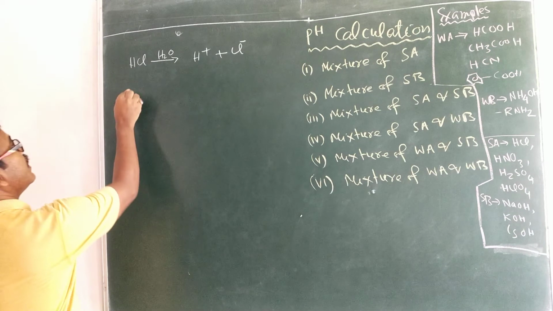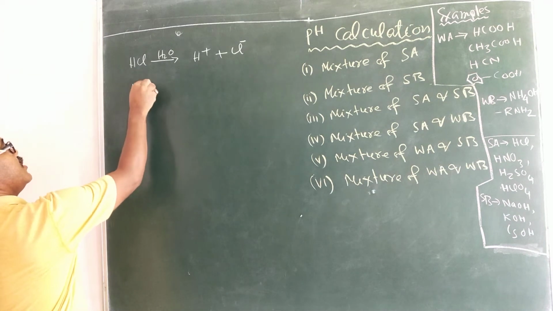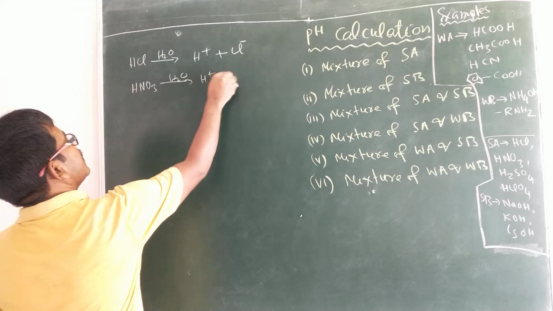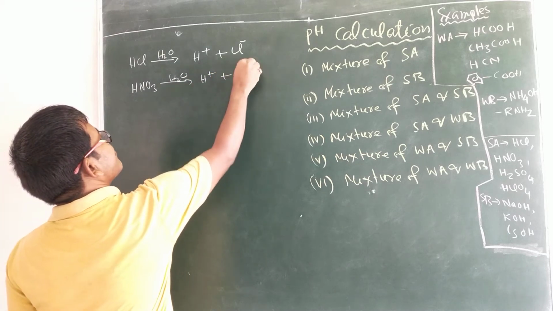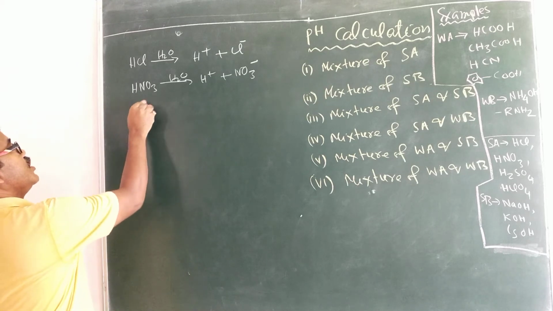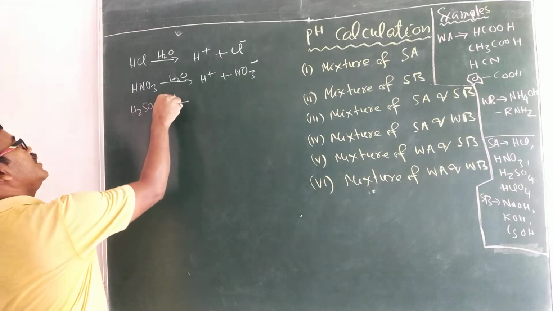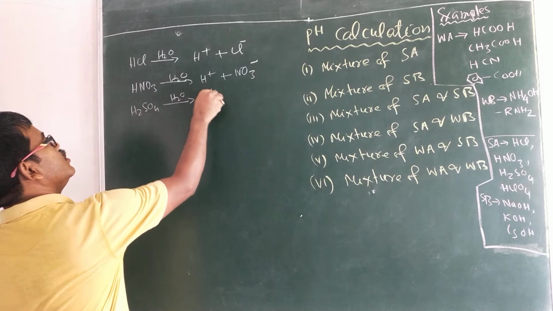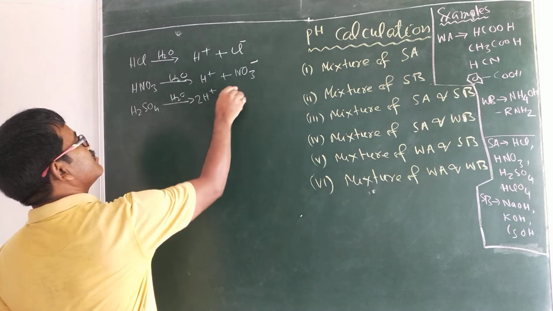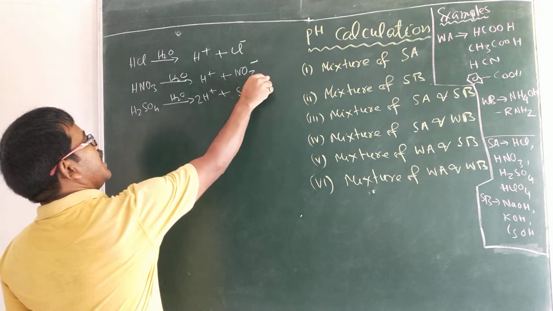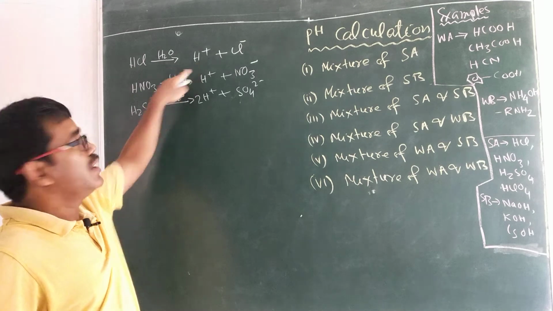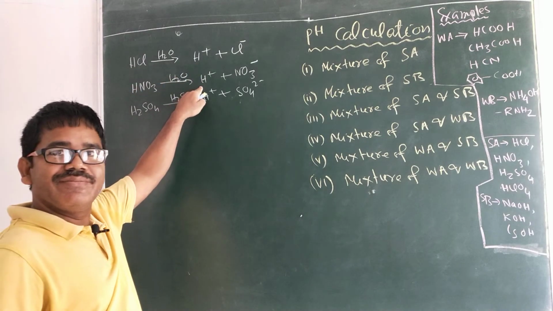If you take nitric acid and dissolve it in water, it will give you H plus and NO3 minus. If you take sulfuric acid, H2SO4, and dissolve it in water, it will break down into its corresponding ions. It can even give 2 H plus ions. The n factor for sulfuric acid is 2, for hydrochloric acid is 1, and for nitric acid is 1.